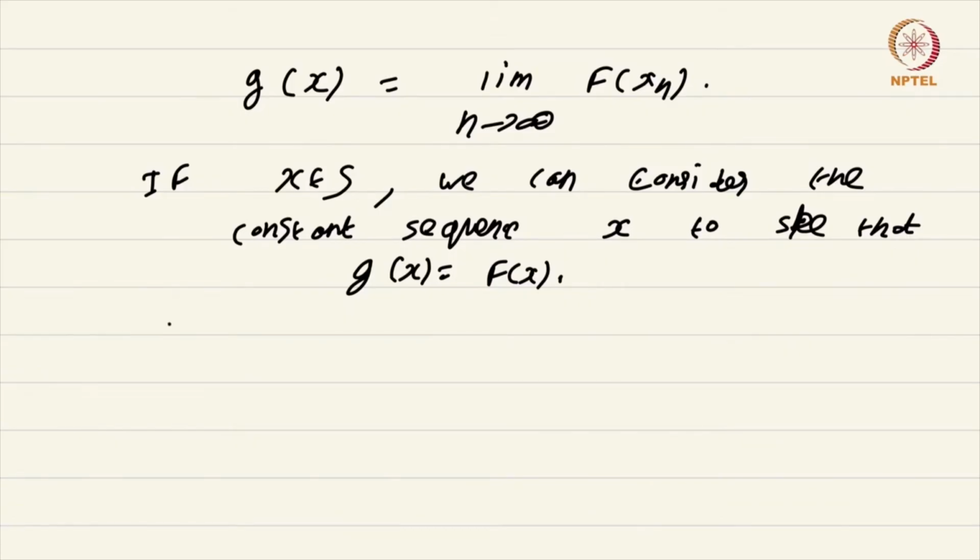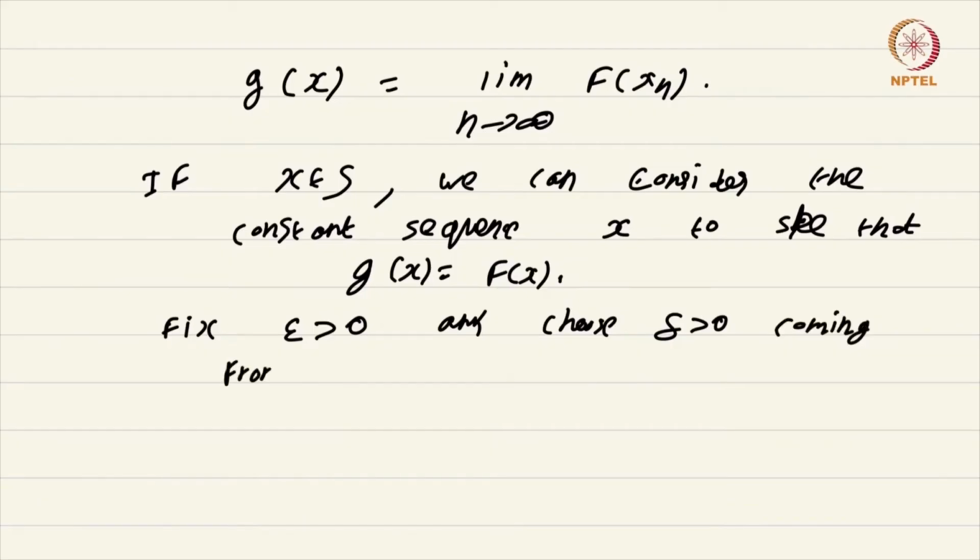So fix epsilon greater than 0 and choose delta greater than 0 coming from uniform continuity of f. The rest of the argument is in fact going to establish that g is uniformly continuous, not just continuous.